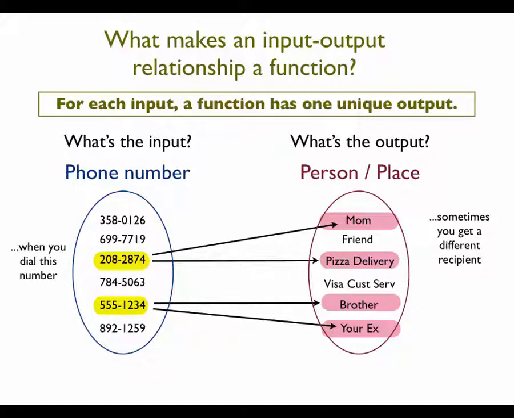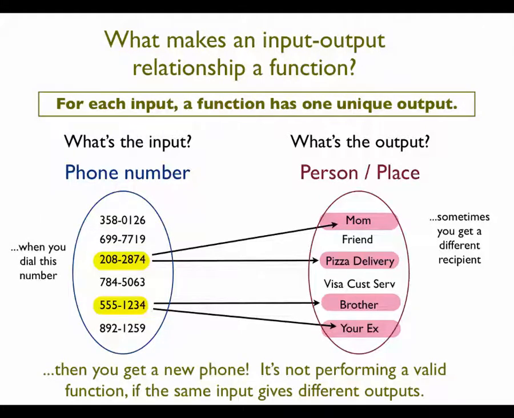What are you going to do with this phone? Throw it away. You're going to get a new phone. Why? It's not performing its function. It's not working right. The same input is giving different outputs. It's unreliable.